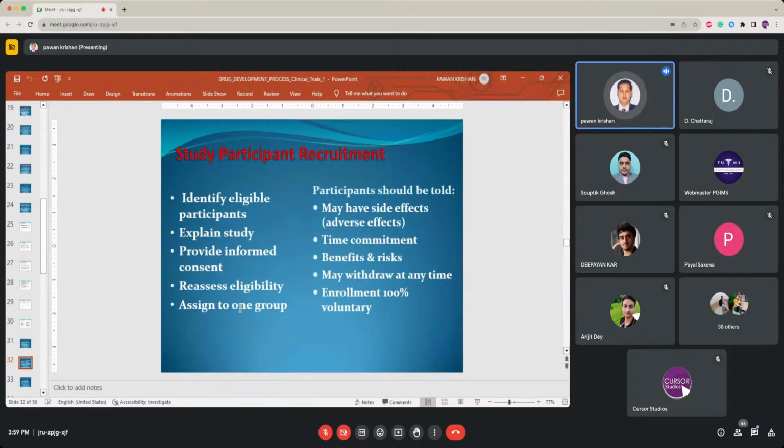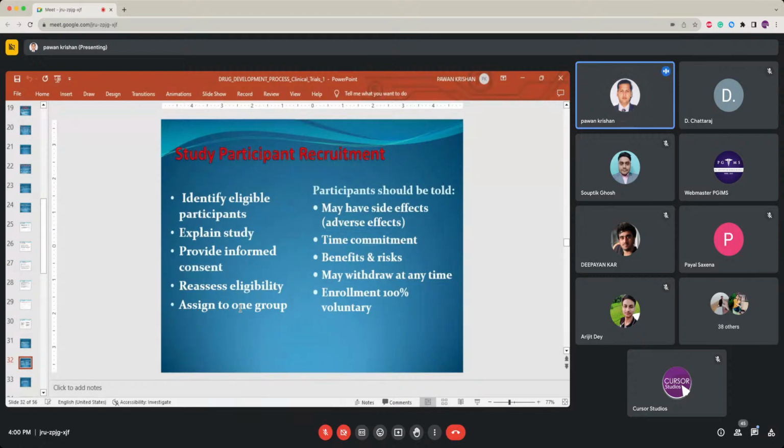So you will lay down values, that who all fall in that range will be included, and who all fall out of that particular range will be excluded. Or in addition, if somebody is having some other disorder like some hormonal disorder, some other concomitant disease, and taking some other concomitant medication, they should be excluded so that it does not interfere with your study. Likewise, identifying eligible patients is very important.